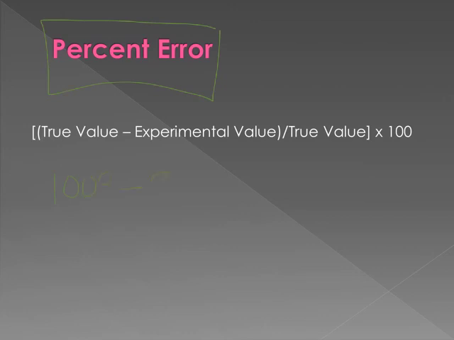We're going to subtract our experimental value, 90 degrees, and then that's going to go on top. We're going to divide that again by the true value. So we have 10 over 100, which is 0.1, and then our last thing is multiplying by 100 to make that a percentage, so we have 10%.